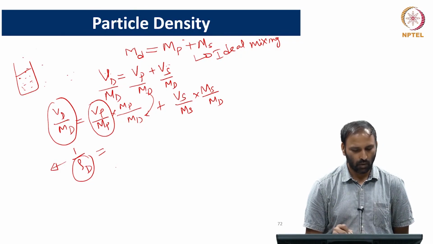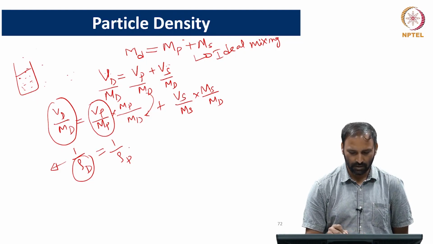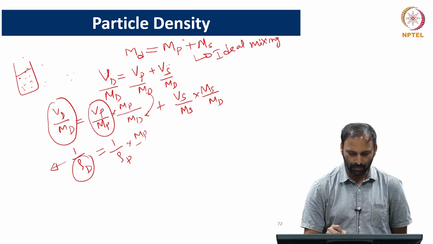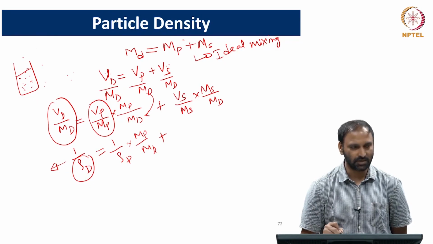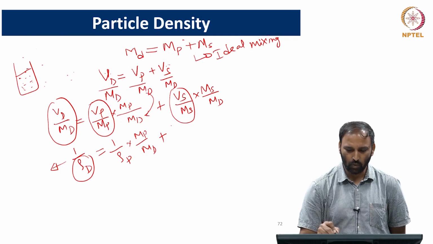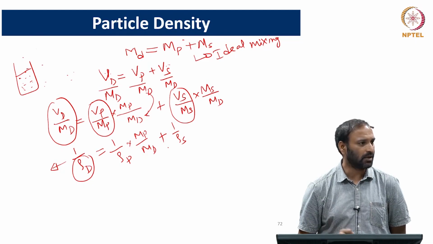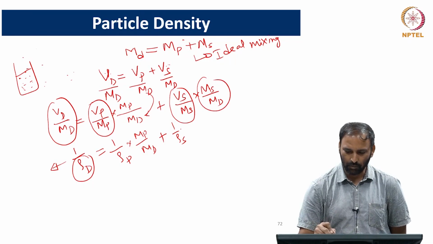This is 1 over rho of particles, multiplied by Mp by Md. I am just going to keep it the way it is, plus 1 over rho of solvent multiplied by, again, Ms by Md.